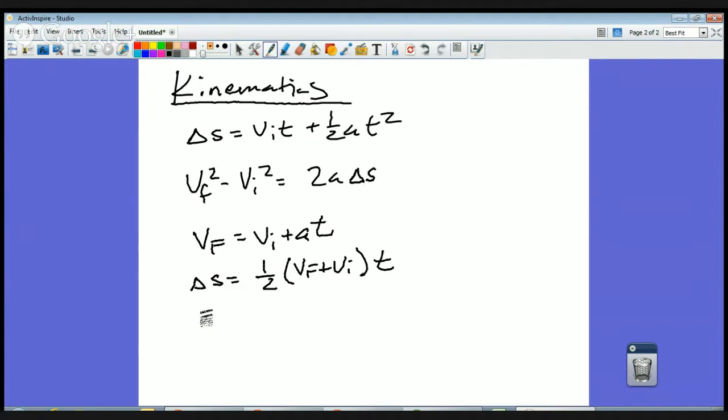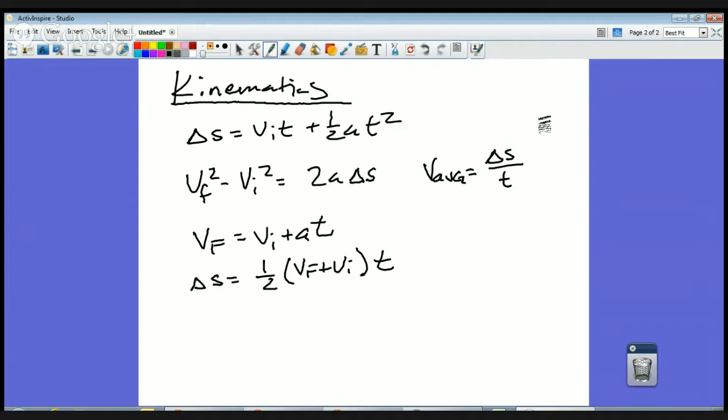So the average velocity is always going to be equal to the displacement, or the change in position, over time.